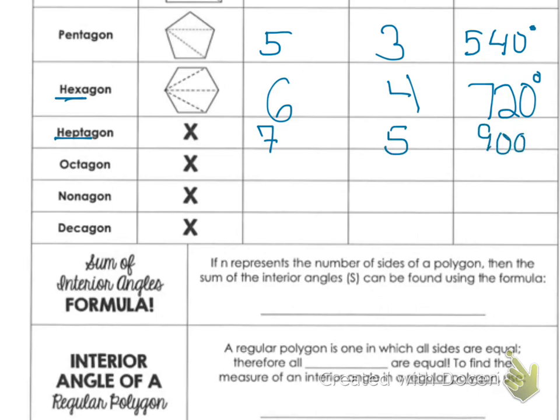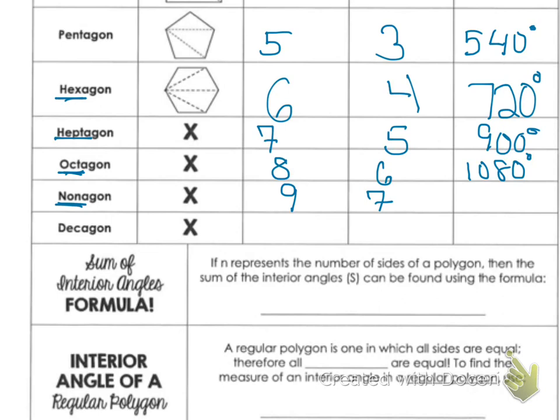It has 900 degrees on its interior angles. Octa, think like a octopus, it has 8 tentacles, 8 sides. All right, we could split into 6 triangles, and we have 1,080 degrees.